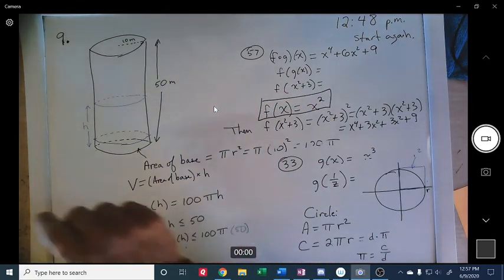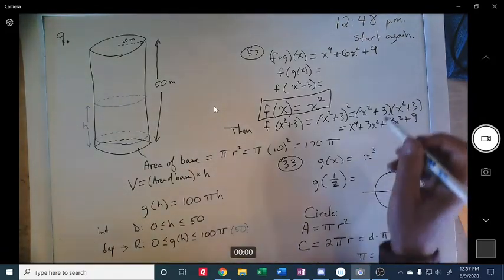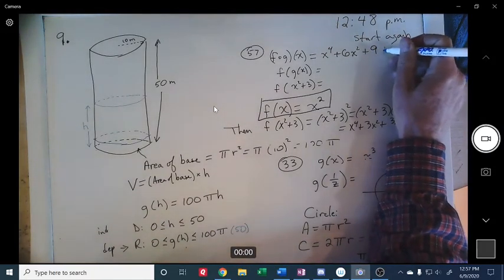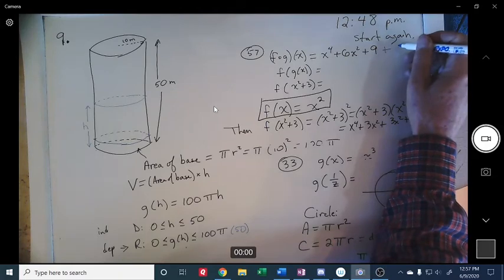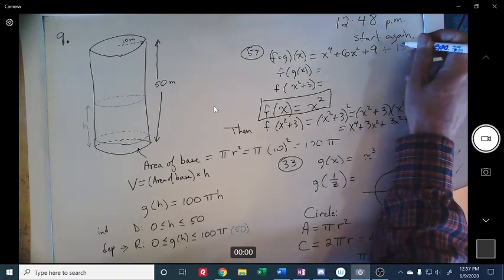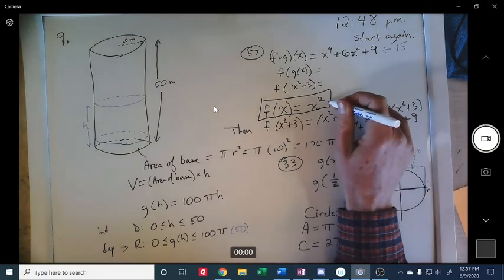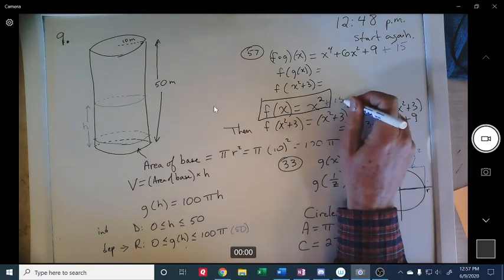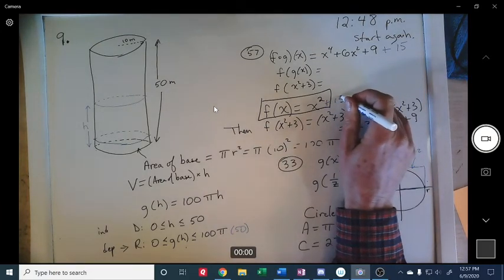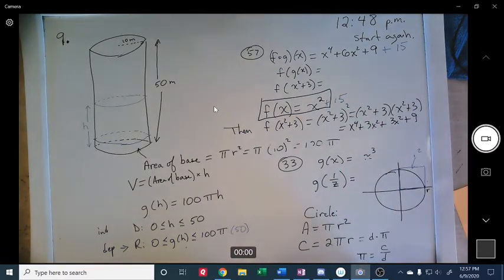And if this had had something like, instead of this, plus 15, then we could have something like this over here.